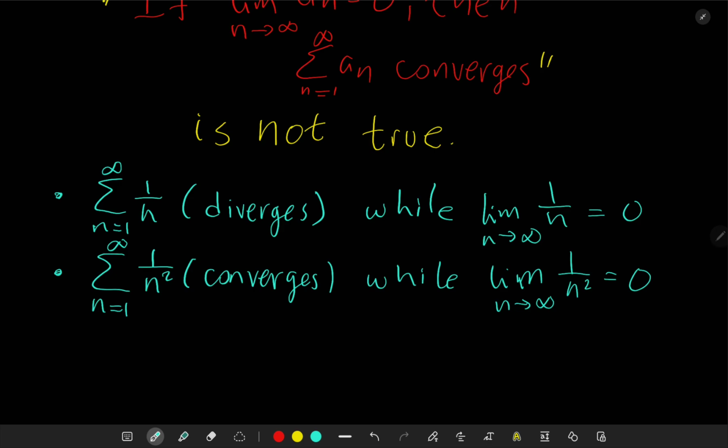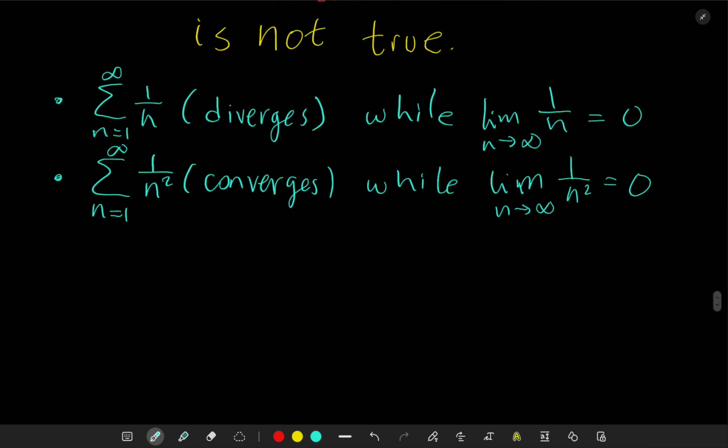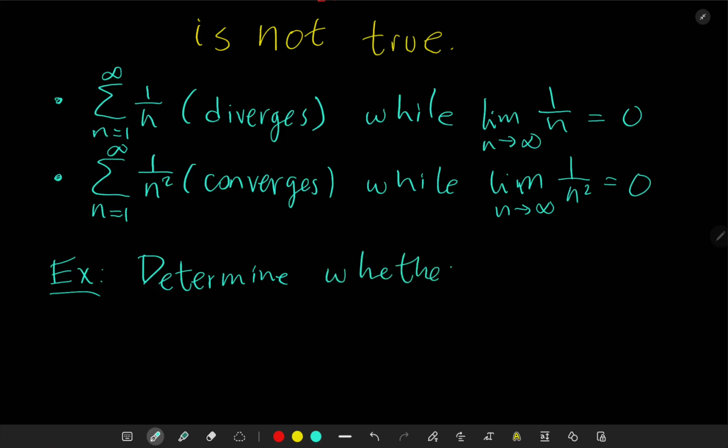So let's go ahead and do a few simple examples for this. You can, for example, determine whether the sum from i equals 1 to infinity of something like this converges or diverges. Why do I use i?